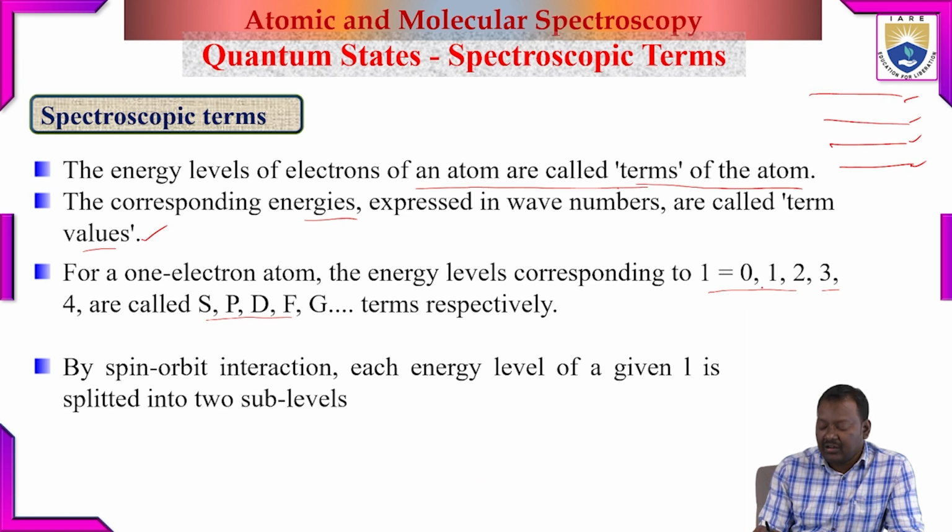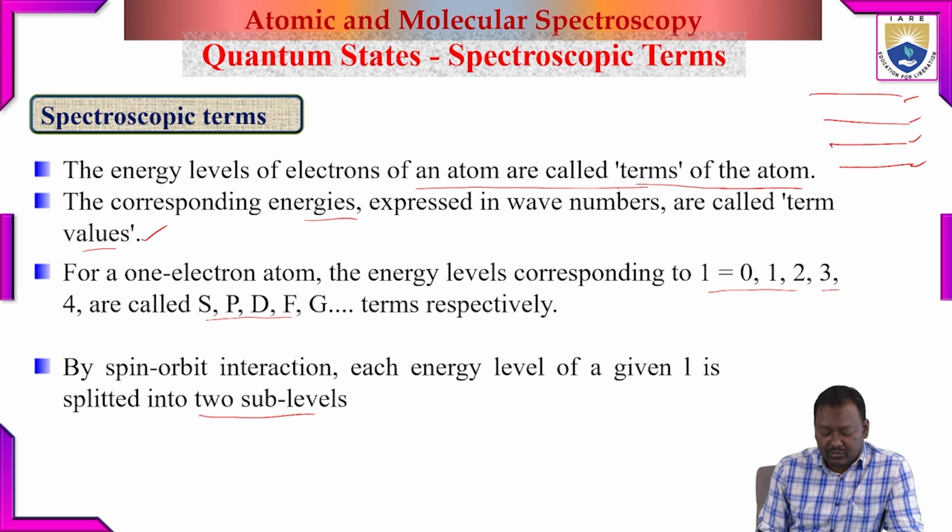Whenever orbital angular momentum interacts with spin angular momentum, spin orbit interaction comes into the picture. Considering the spin angular momentum also gives splitting of the total angular momentum, so for each L value we can see two sublevels.